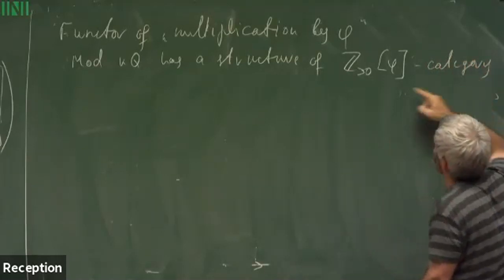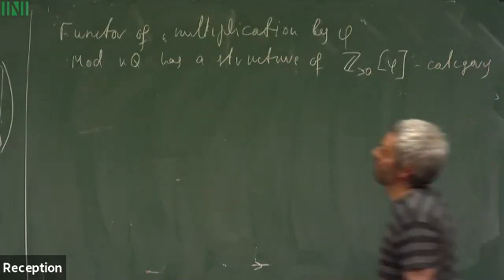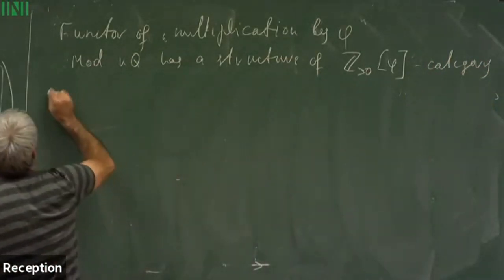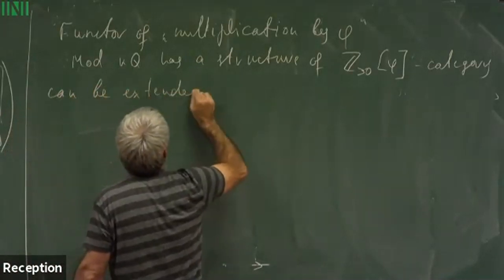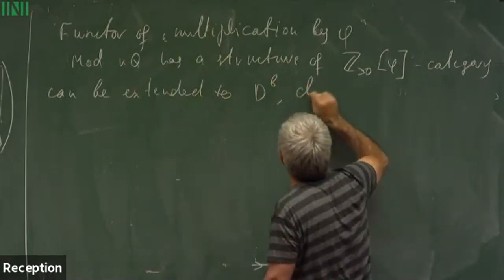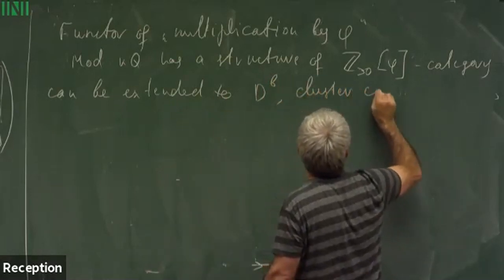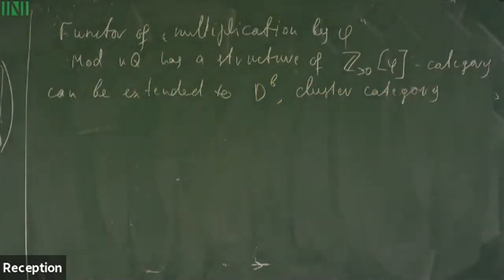So we have a category with the action of the semiring. Yeah, and this action can be extended somehow to the category and classifier.